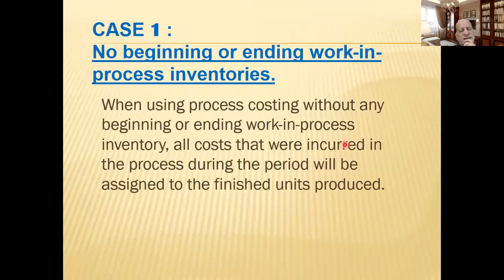When using process costing without any beginning or ending work in process inventory, all costs that were incurred in the process during the period will be assigned to the finished units produced. All of the units will be finished units, as we don't have any units in process.